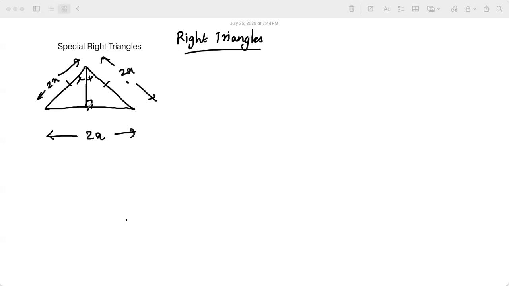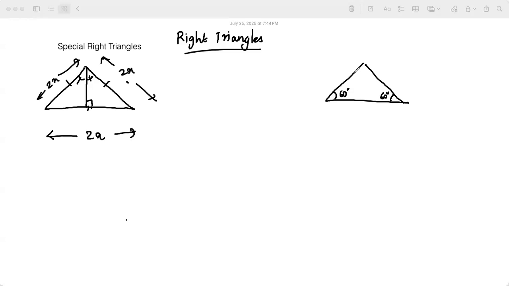Any questions still here? So first, I consider an equilateral triangle. What is the angle of each angle? Each angle in an equilateral triangle will be equal to 60 degrees.